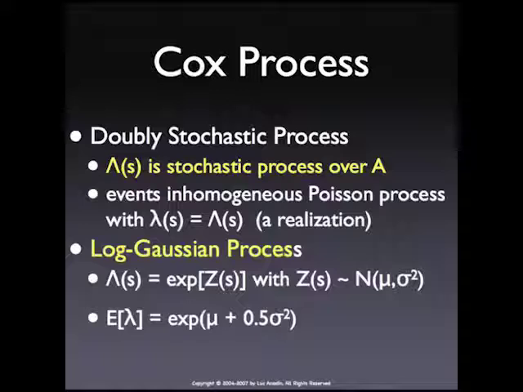The bottom line is, if we know that this lambda z follows a log normal distribution with a given mean mu and variance sigma square, then we can find, using the properties of the log normal distribution, that the mean of our intensity, so on average, our intensity will have this value. So let's say we want an intensity that is on average 100.